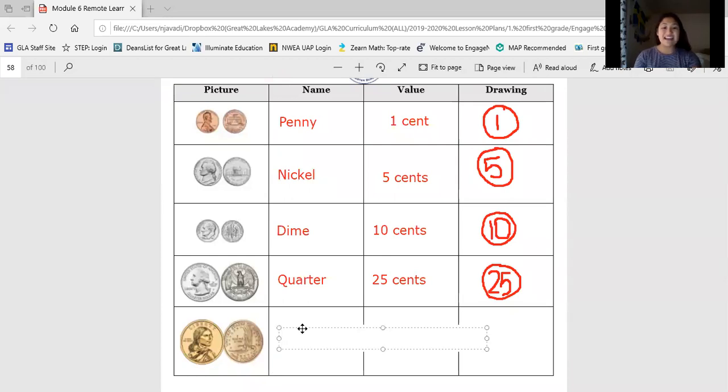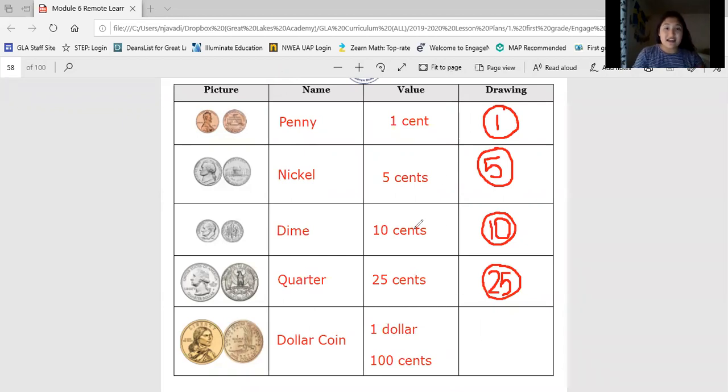that's right, a dollar coin. And a dollar coin is worth, as you can guess from the name, $1 or 100 cents. A dollar is worth $1, which is the same thing as saying 100 cents.